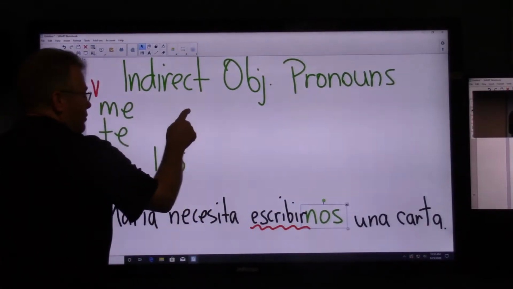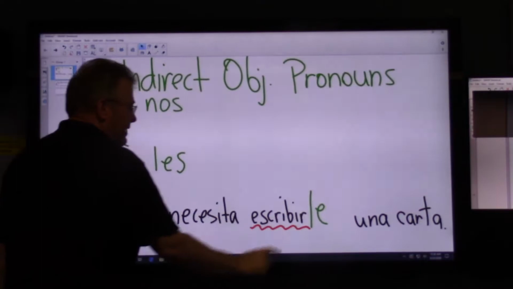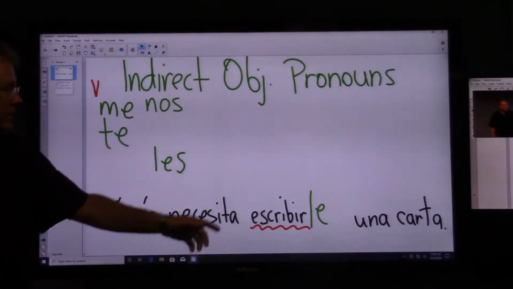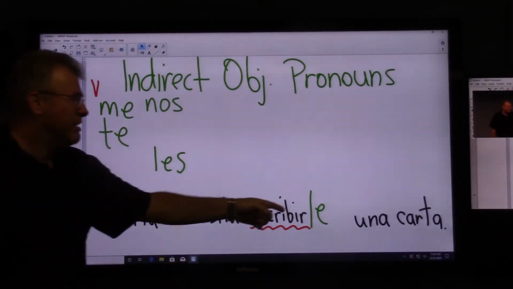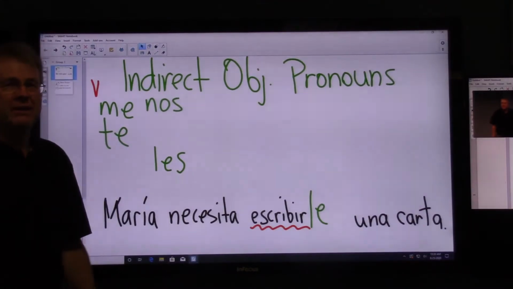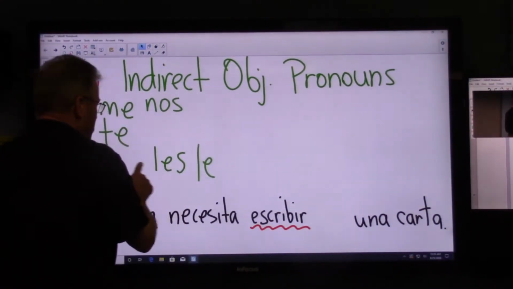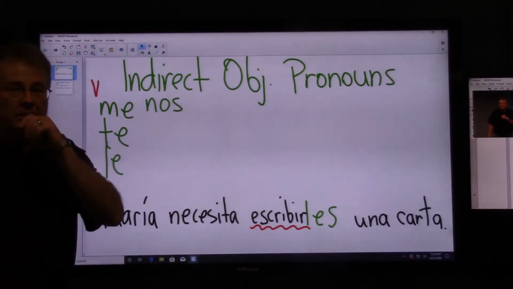What if I swap out the nos for le? María necesita escribirle una carta. Now to whom does she need to write a letter? Well, again, the le could be him, could be her, could be you, usted, and we can clarify at the end as necessary, right? But otherwise, that's how we would manipulate the le. Or if I wanted to swap the le out for les, María necesita escribirles una carta.